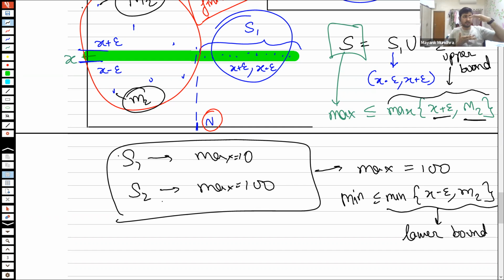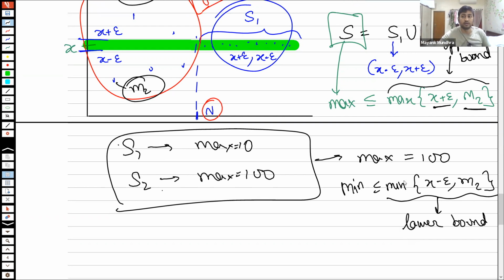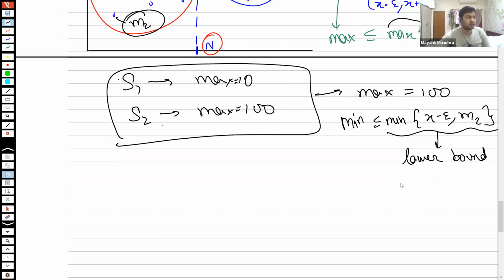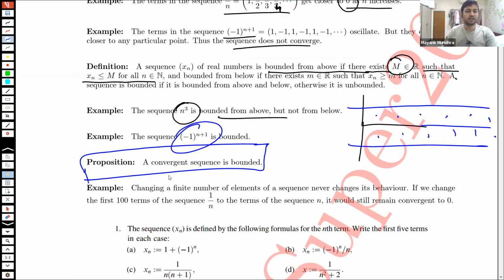It cannot go to infinity or to negative infinity. So it's going to be a bounded set. All right, so a convergent sequence is bounded.